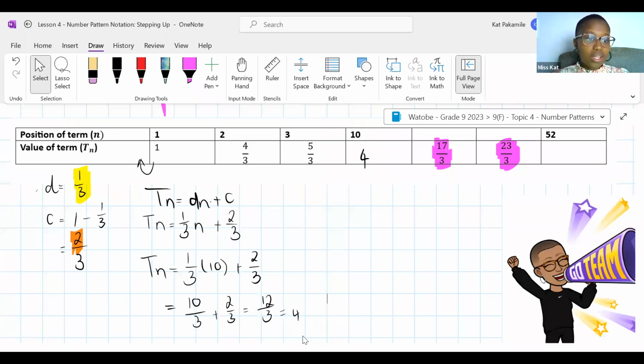Okay, Novuyo's hand is up. Hi, Novuyo. You have a question or are you helping me? Ma'am, I have a question. How do you get 4? Okay, so 1 over 3 times 10 is like saying 1 over 3 times 10 over 1. So that's 10 over 3. Do you get that part?